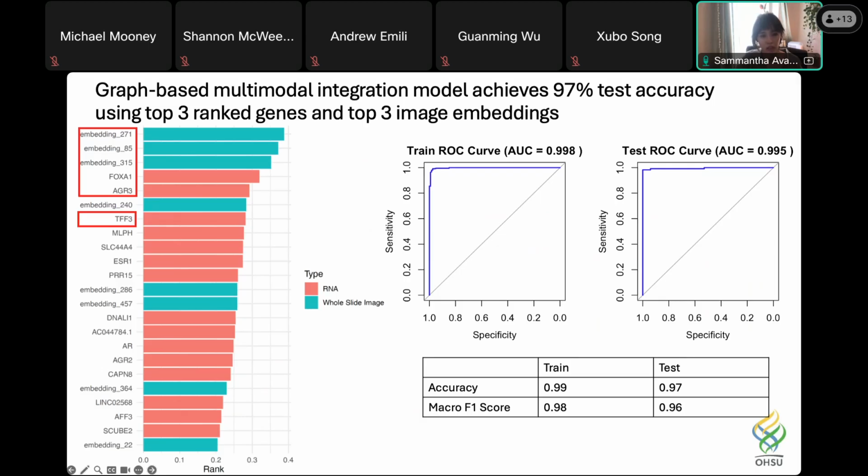And then looking at our graphs, we can see that both training and testing achieved an AUC of 99%. And so overall, what these results highlight is that the model is able to not only identify and select complementary features that can accurately classify basal and luminal subtypes, but also its ability to select a very small gene set that can be used in addition to imaging to address the challenges associated with molecular subtyping.